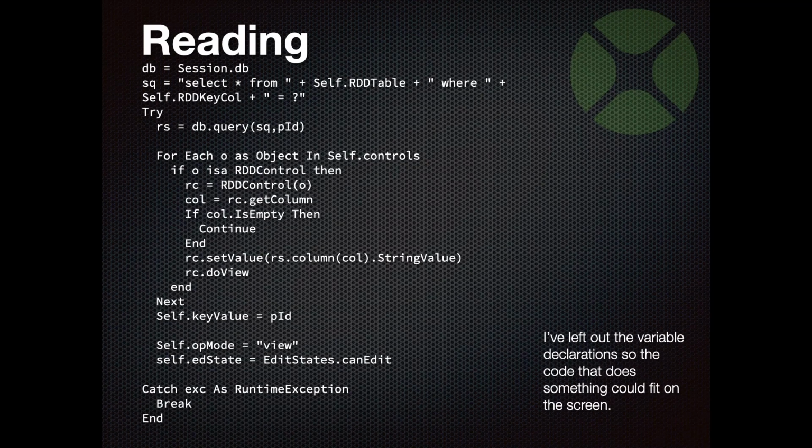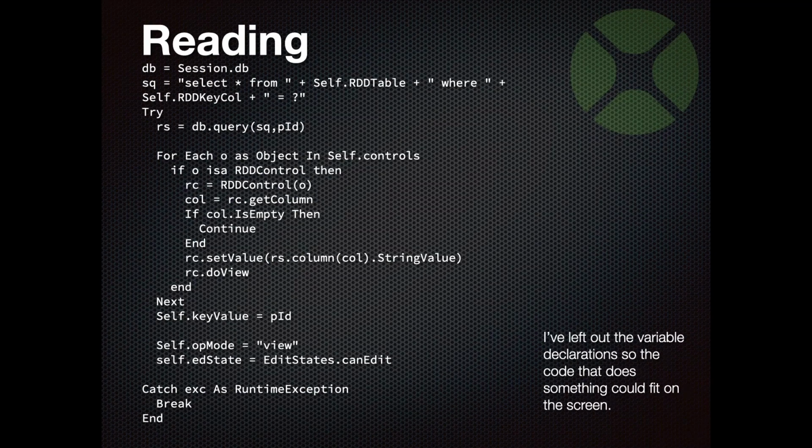This is a method in the subclass container control, and we simply go through everything, do our query, and then loop through all the controls. We get the column from the control because the control has that property that we put in the IDE called RDD column, and if it's empty, we just continue.